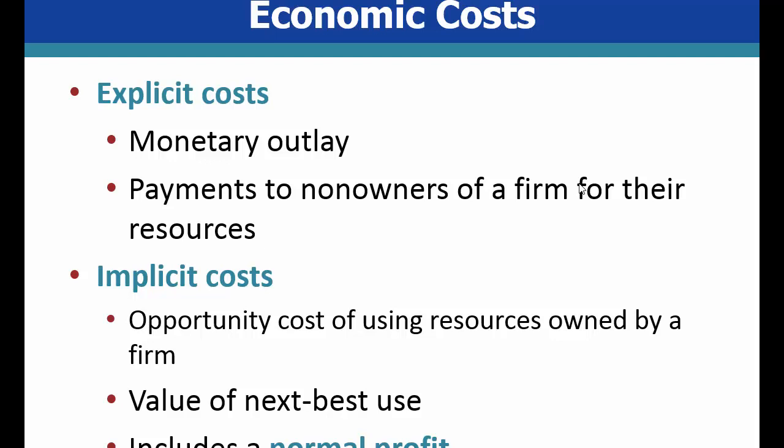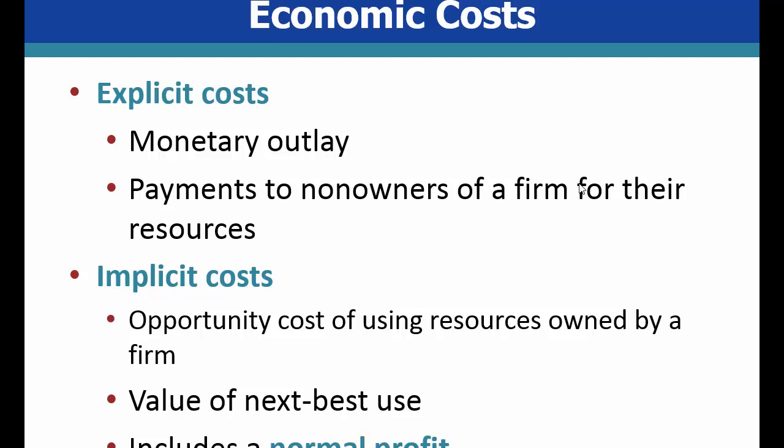So implicit costs are things that you would have had if you had used your own resources. For example, if I were going to open my own business, let's say I'm going to open a flower shop in downtown Picayune, and I own a building already, and I'm already renting this building for maybe $500 a month.